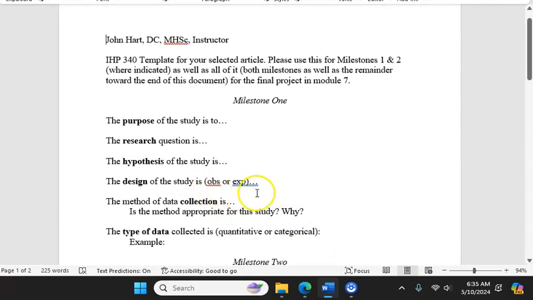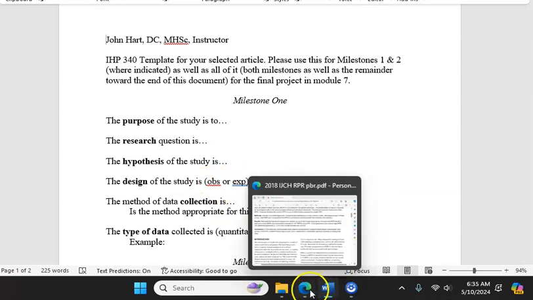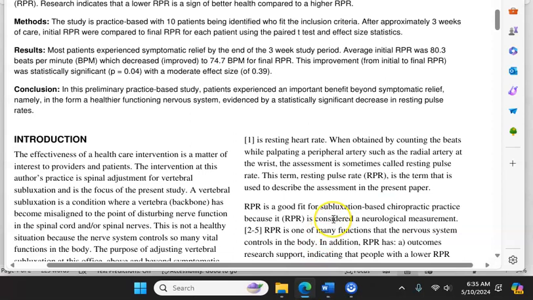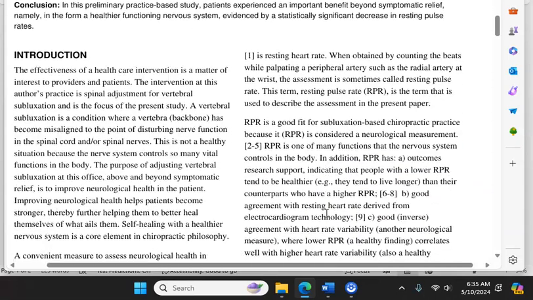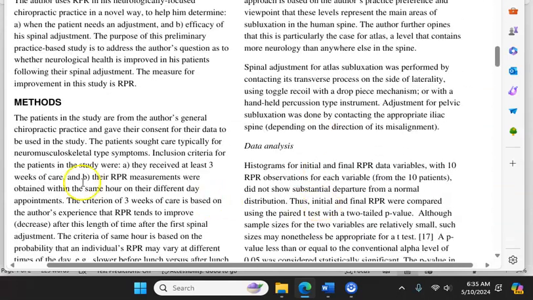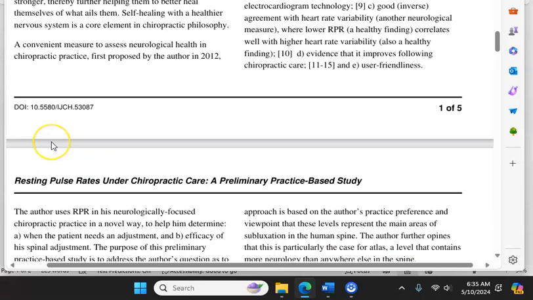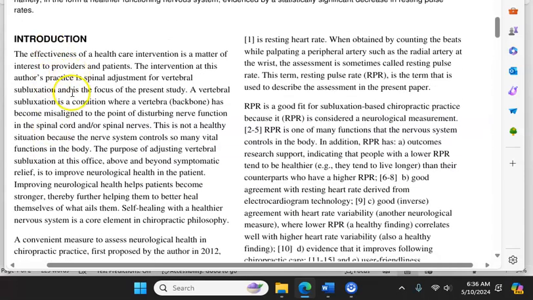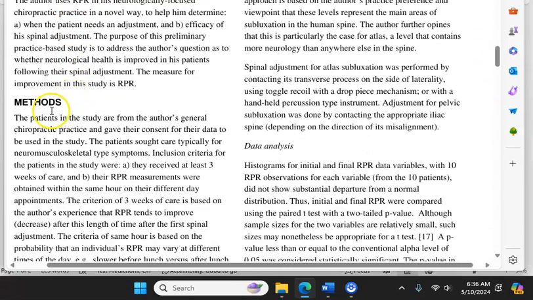The design of the study. Is it observational or experimental? A clue to whether a study is experimental is if the patients were randomly assigned to different treatment groups. And if you don't see that, usually found in the methods section, almost always, I can't imagine it would be found in any other section, if not in the introduction, but the methods.